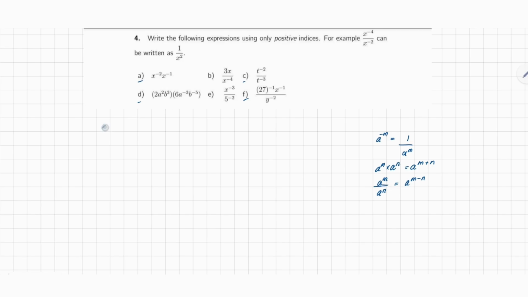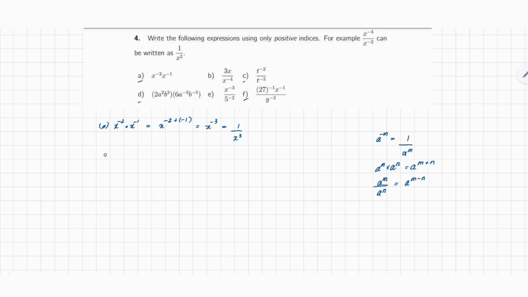So for our first question, we have x to the power minus 2 times x to the power minus 1. We have to write the following expressions only using positive indices. So over here, the bases are the same, and the operation used is multiplication. So we have x to the power minus 2 plus minus 1, which gives us x to the power minus 3. And using this law, we have 1 over x to the power 3.